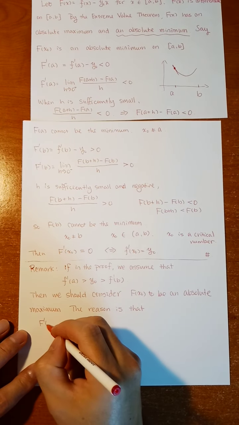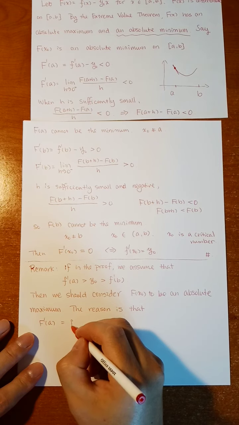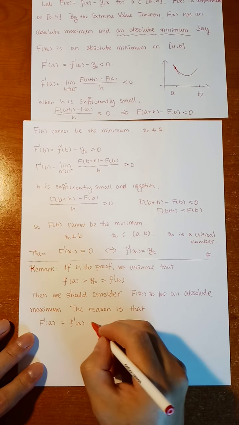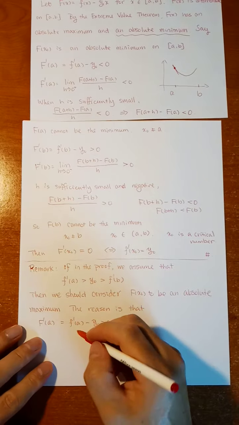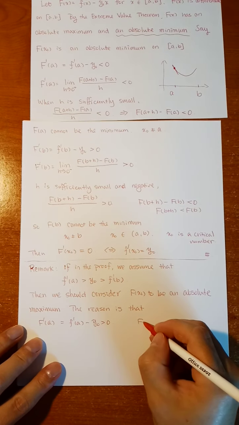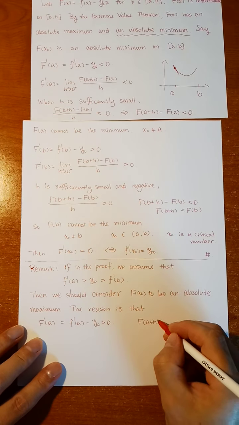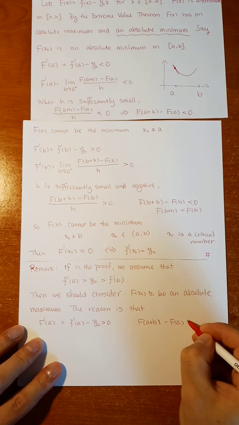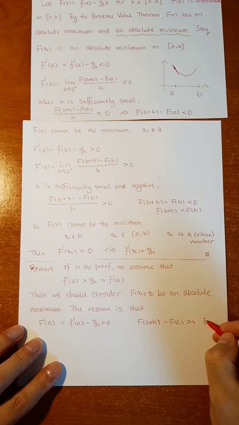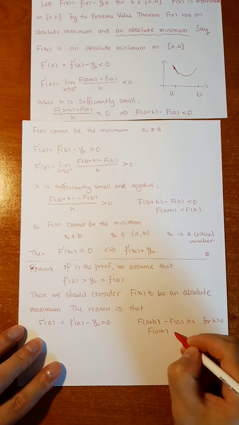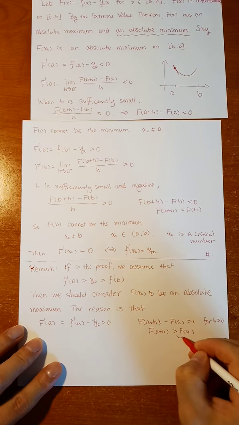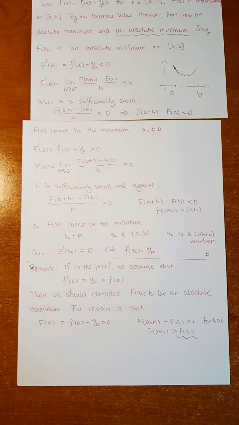So you will have f prime of a minus y0, this time greater than 0. Then you will get f of a plus h minus f of a greater than 0 for h greater than 0. Then you will have f of a plus h is greater than f of a. So f of a cannot be the maximum value.